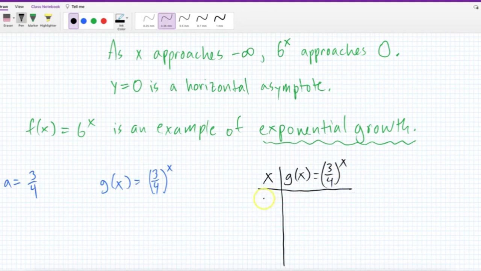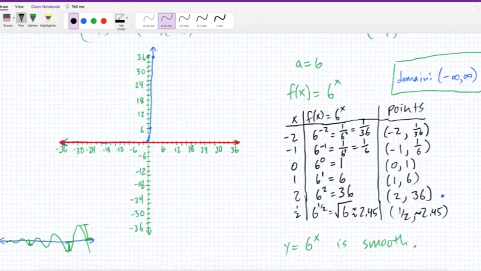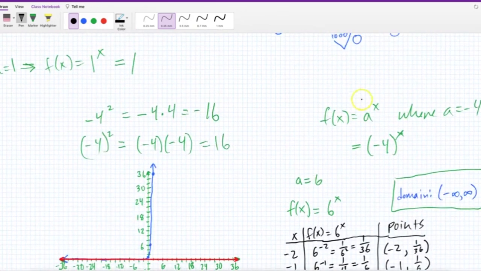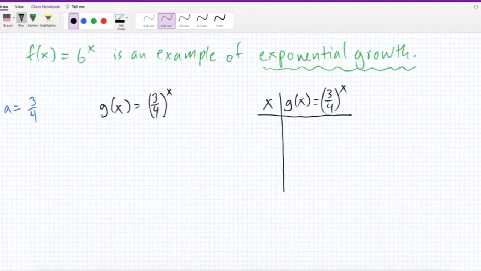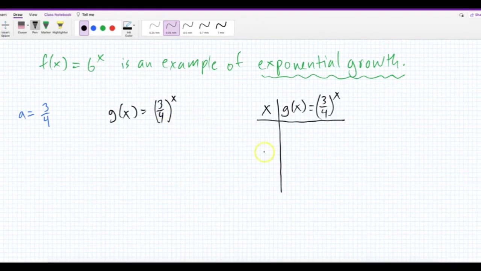Okay, as before with our function up here, f, the domain is still going to be all real numbers. And so I am, again, going to pick a range of values, including positives and negatives, just like we did before.